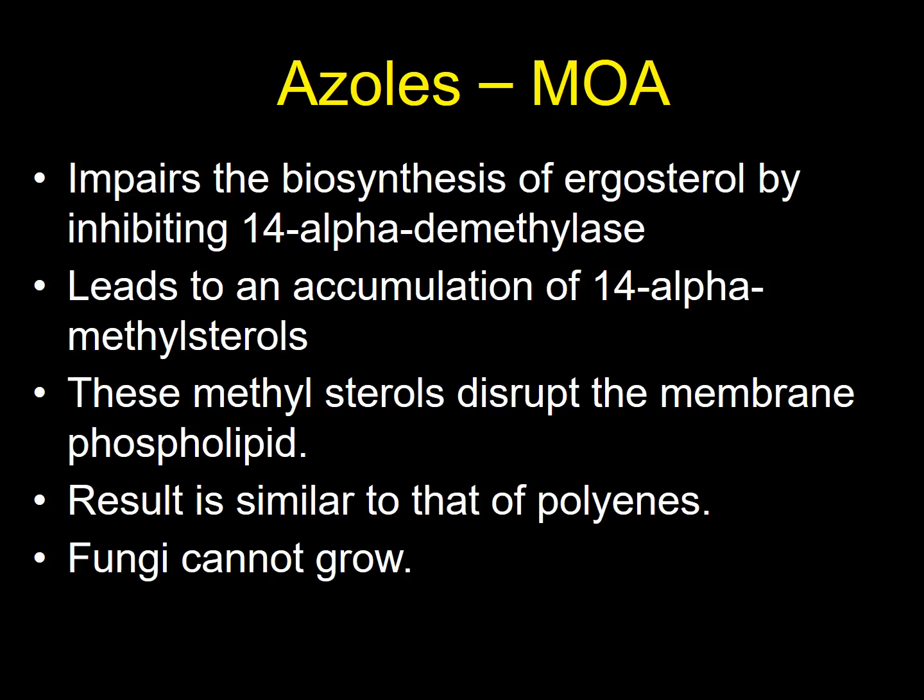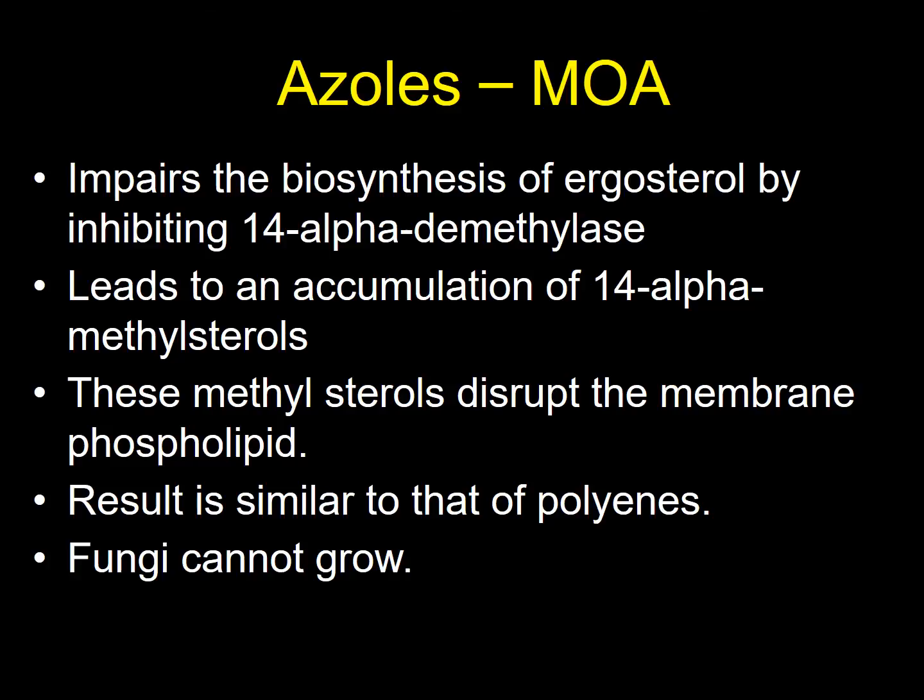And their mechanism of action is a little bit different. Whereas the polyenes bind to ergosterol and rupture the integrity of the membrane, azoles interfere with the synthesis of ergosterol. So here the patient can't make ergosterol. With the polyenes, they make it, but the ergosterol can't bind together.